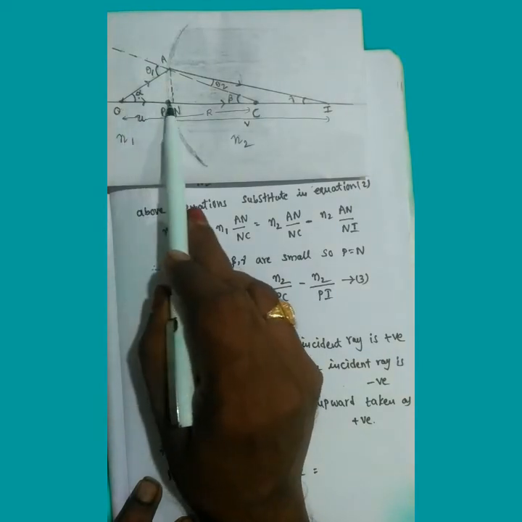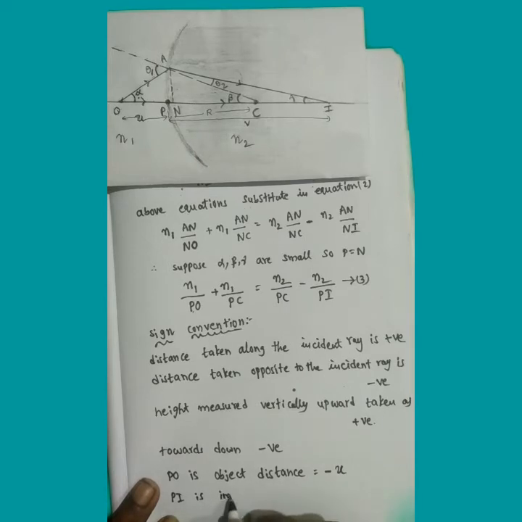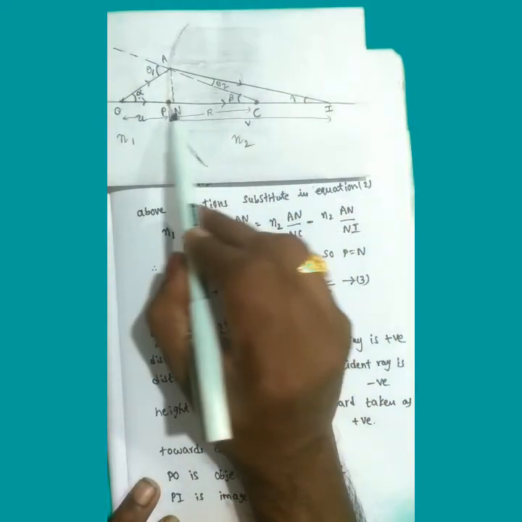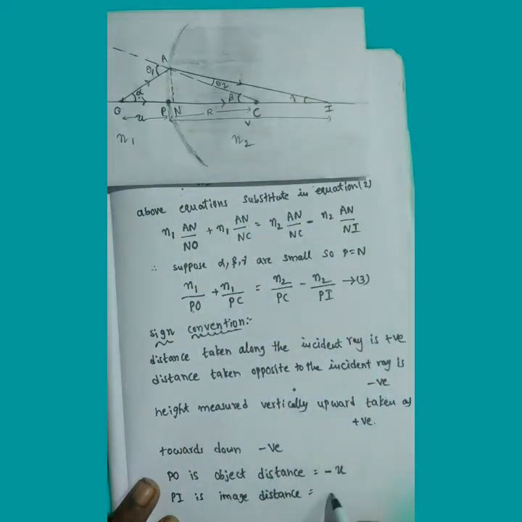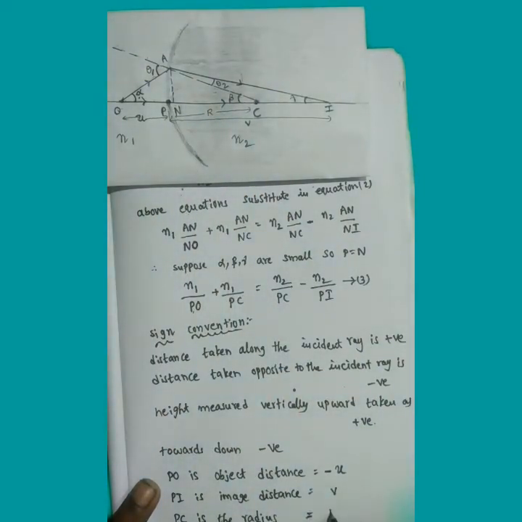The incident ray is in this direction, so we have to take it as negative, that is minus u. Then PI is the image distance, along the incident ray direction, so we take it as v. Then PC is the radius of curvature, also along the incident ray direction, so we take R.